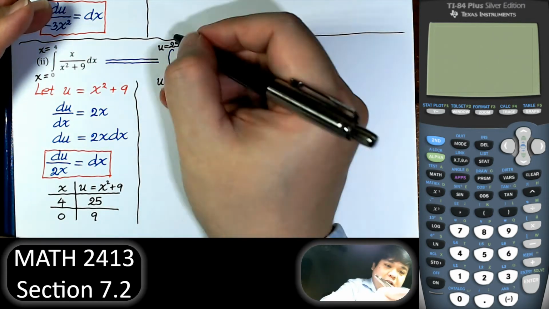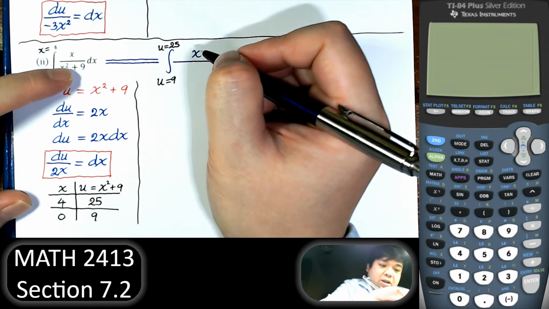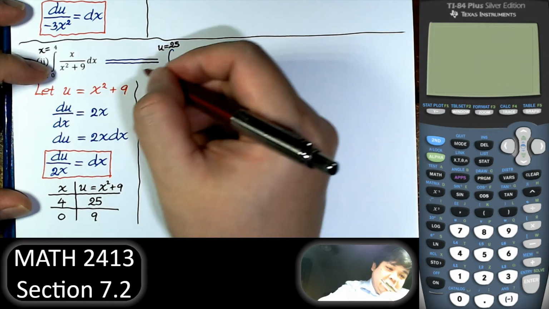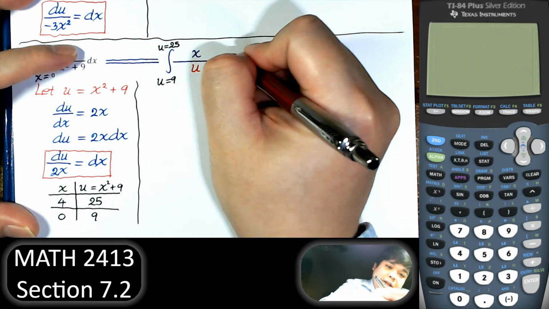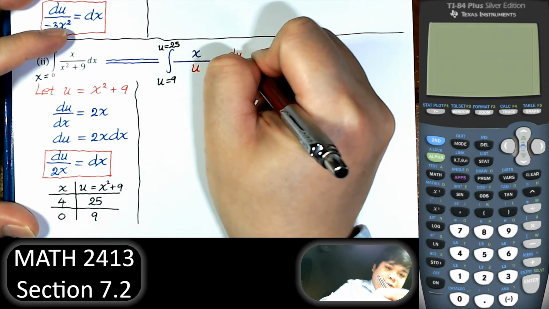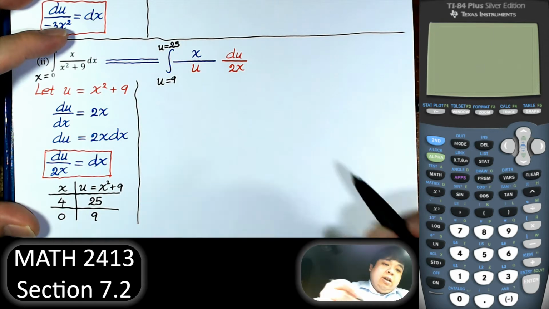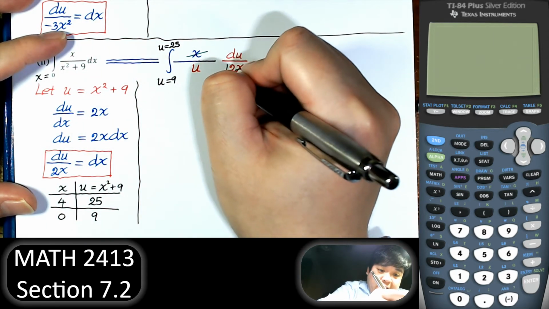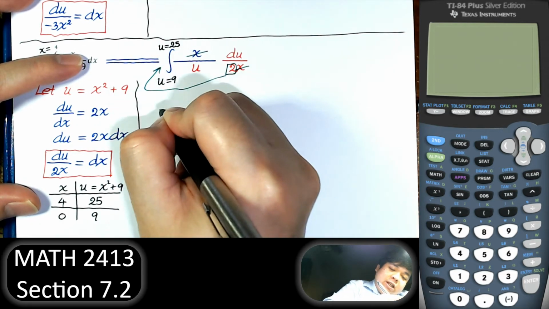x still on top. x squared plus 9, that is u, right? dx is du over 2x. If it works out perfectly, all the x cancel out, and we do have that. The 2 moves outside, stays at the bottom.